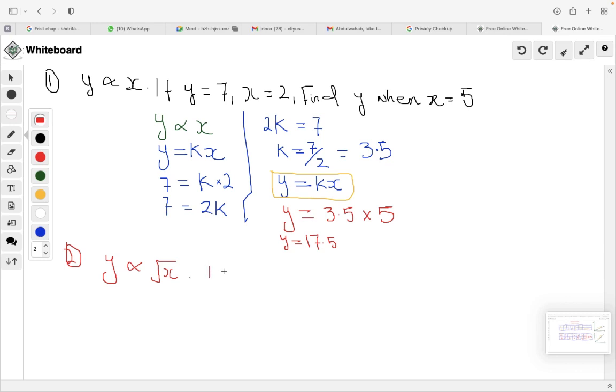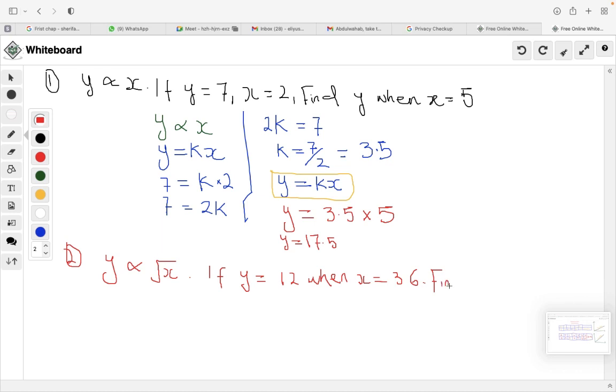Now, if y equal to 12, when x equal to 36, find the value of y.